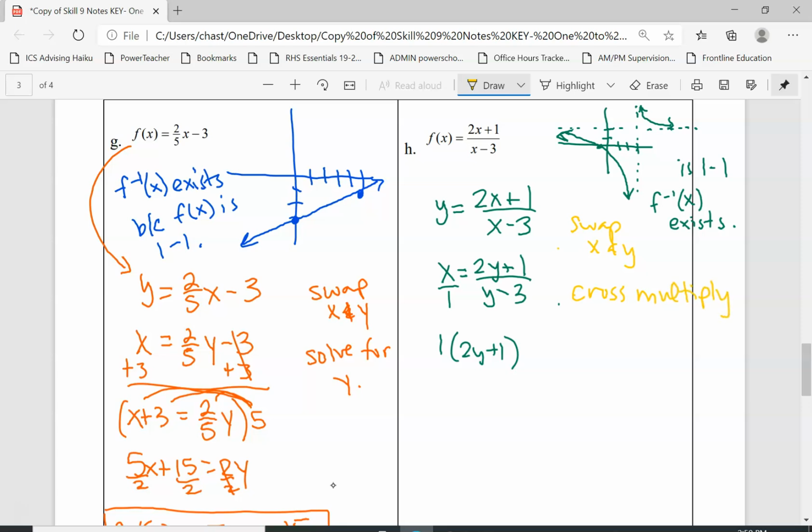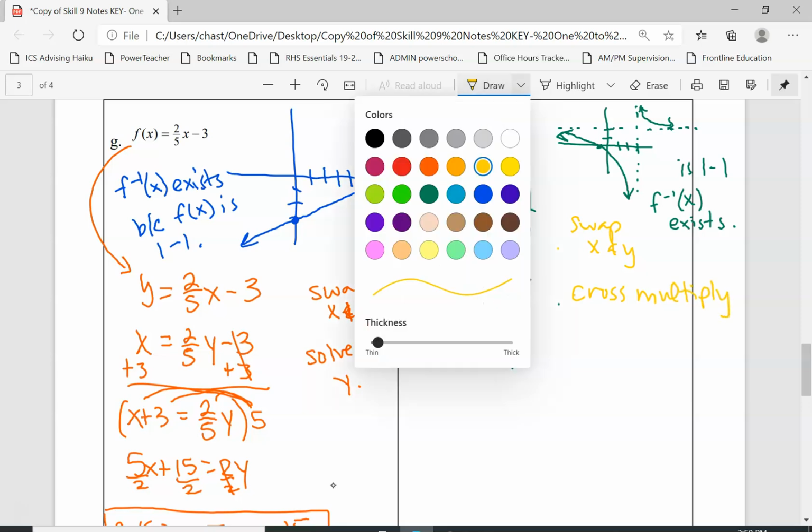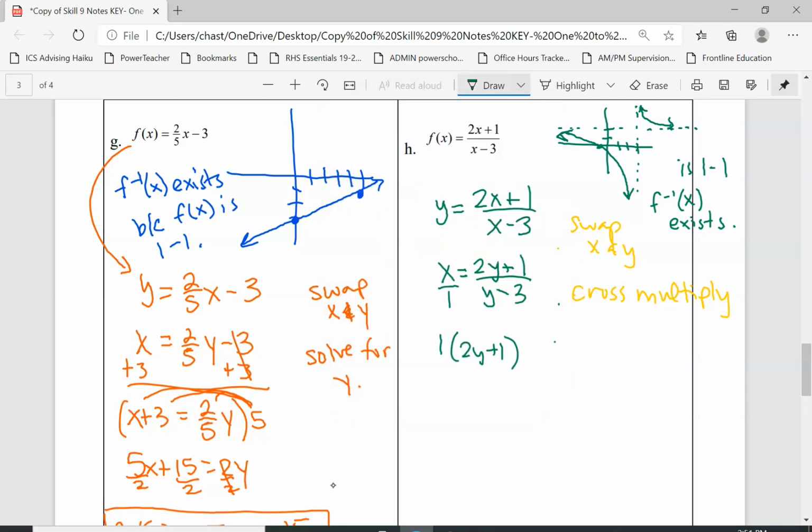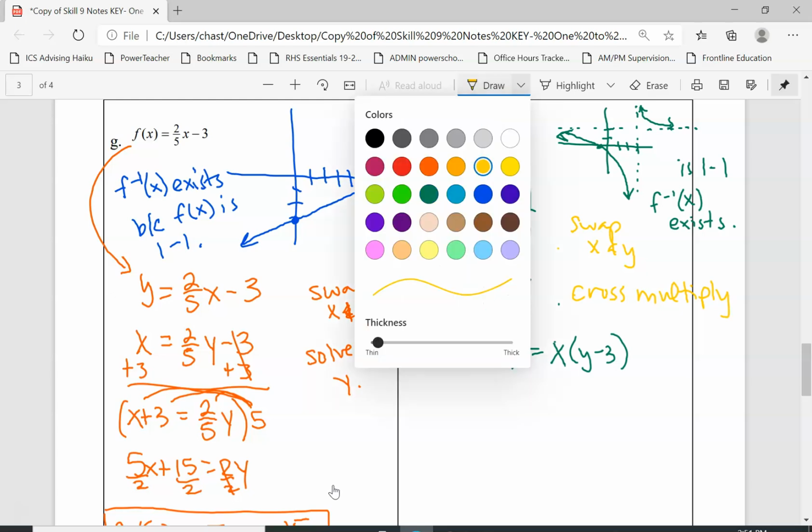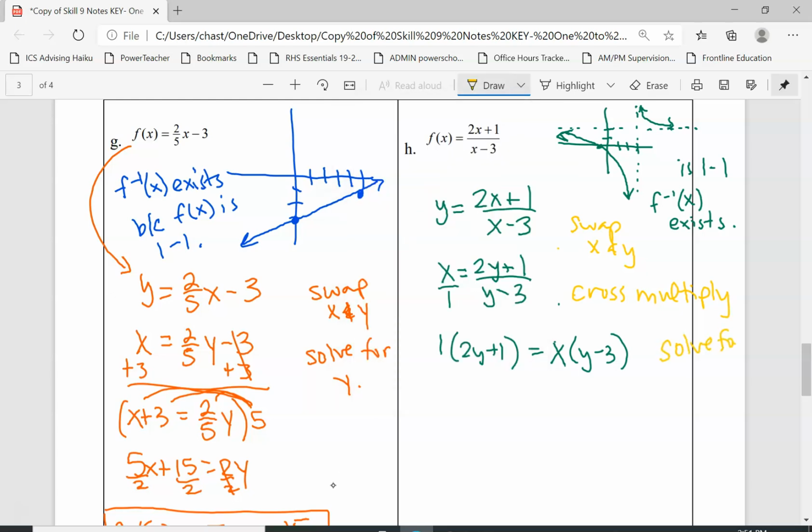If you follow this example for every one of these that you'll see, you should have no trouble with this. And then I'm going to cross multiply: x times the quantity y minus 3. Remember, our goal is to solve for the new y. So to solve for y, I have to get rid of those parentheses so the y's are not trapped. So this side is just going to stay as 2y plus 1, and this side becomes xy minus 3x.